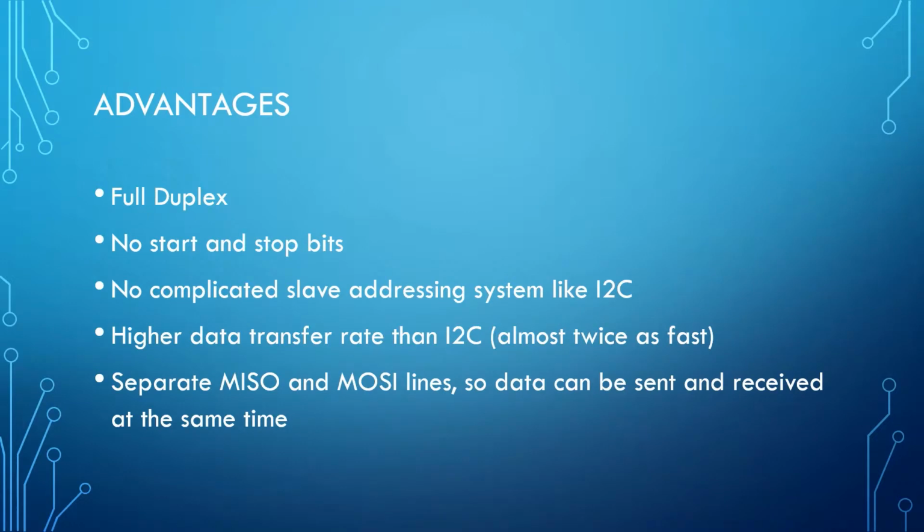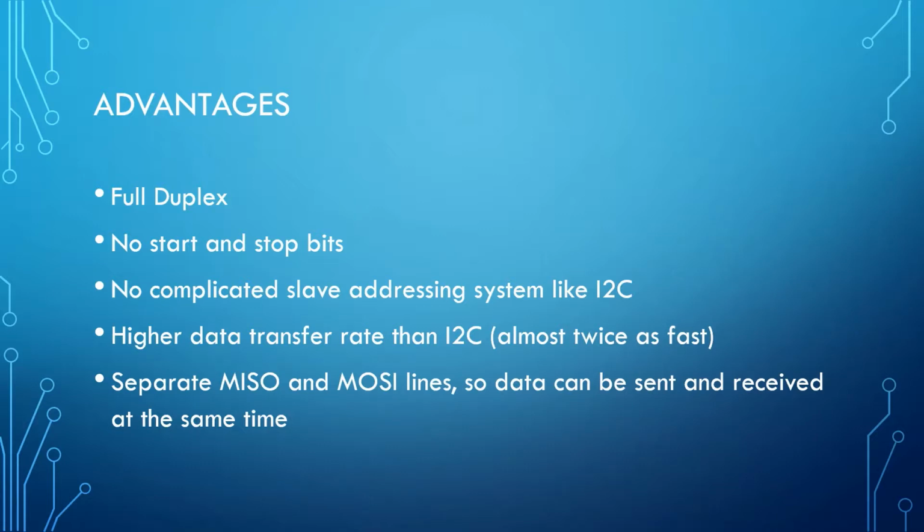The advantages of SPI communication: it's full duplex, meaning there are separate lines for data transmission and data receiving. There is no start and stop bit, so obviously its speed is higher compared to UART and I2C. There is no complicated slave addressing system like I2C, where there are 7 to 10 bits of addressing, which slows down data transmission.